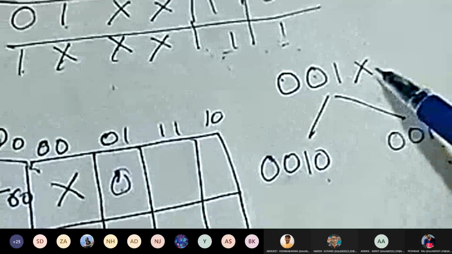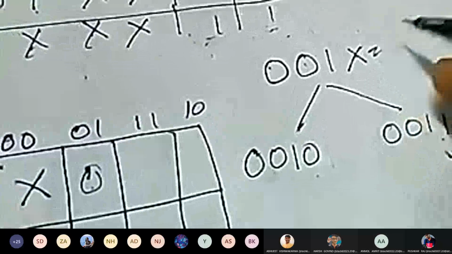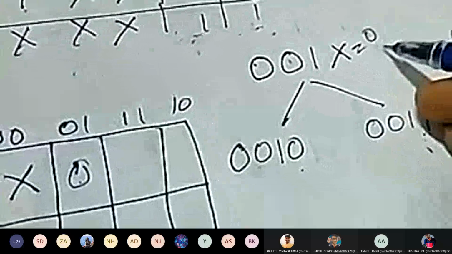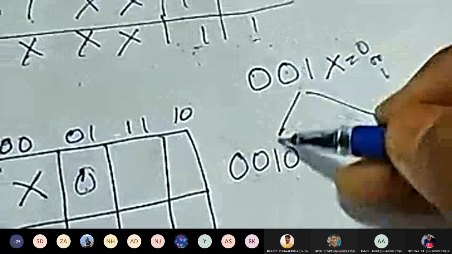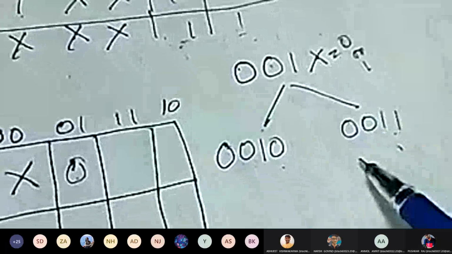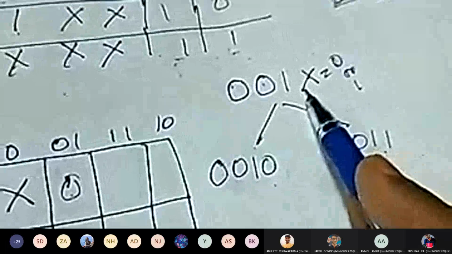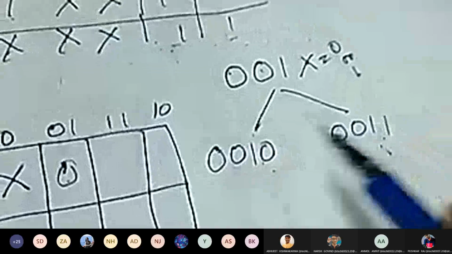Whenever I say don't care, that means it is either 0 or 1. This X value is either 0 or 1. So we can define it by two values: 0, 0, 1 is the same for both, and in place of X, you write 0 in one and 1 in the other.